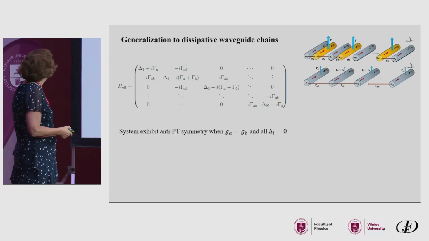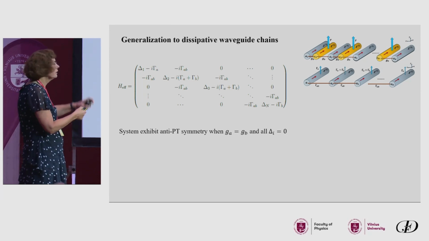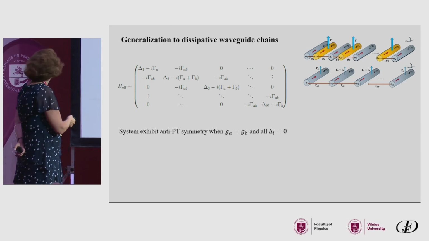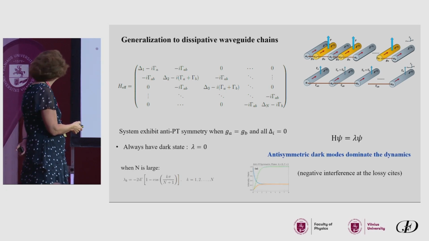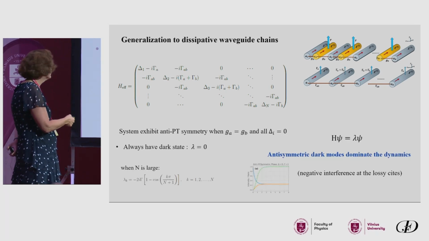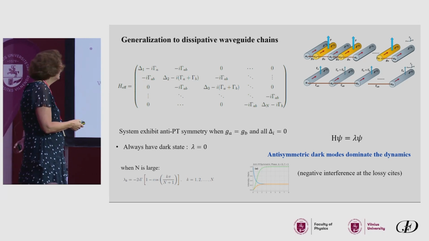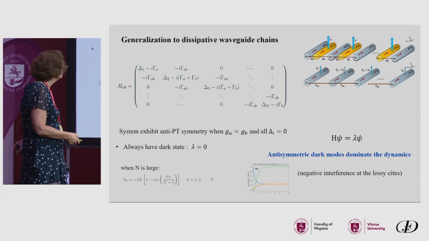Why is it interesting? You can also extend it to a chain. I don't speak much about it, but basically you have a sequence of these elementary cells. Again you will have the anti-PT symmetry, and you will have this dark state. You are inducing interference effects, and you will have the antisymmetric dark mode, which will dominate the dynamics.